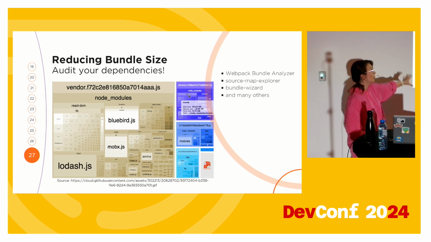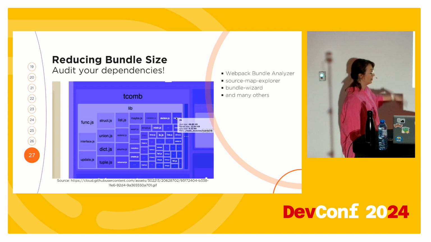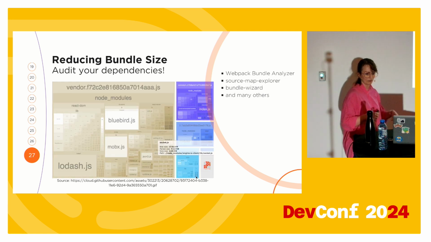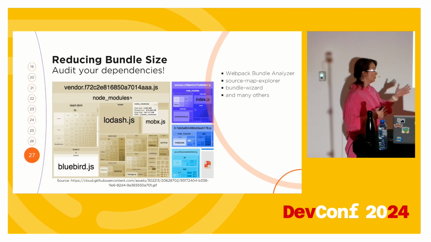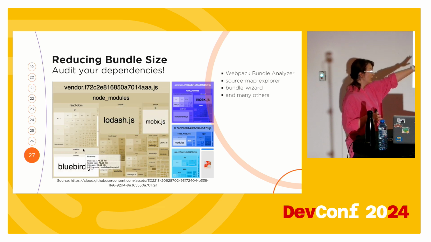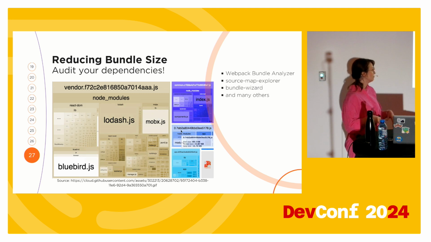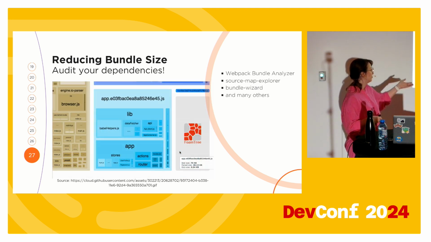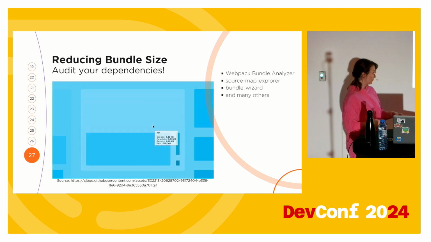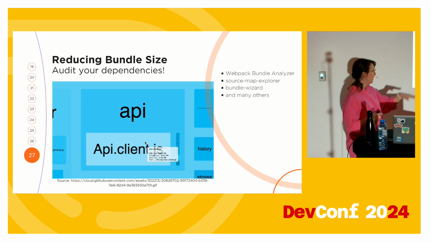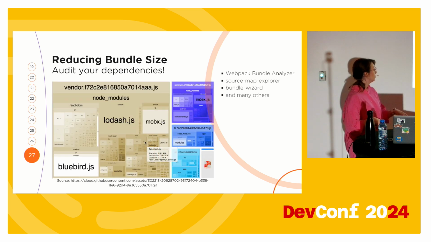Okay, so we have a lot of different bundle analyzers. You can Google them or pick one of them. The rule is probably the same in all: just install and check the results, what's going on.